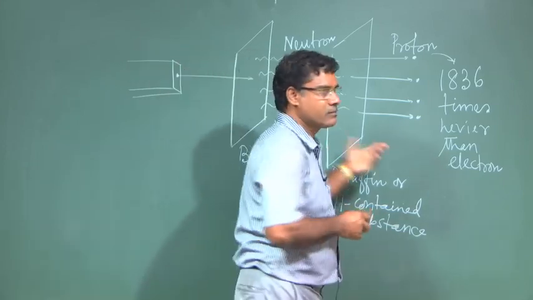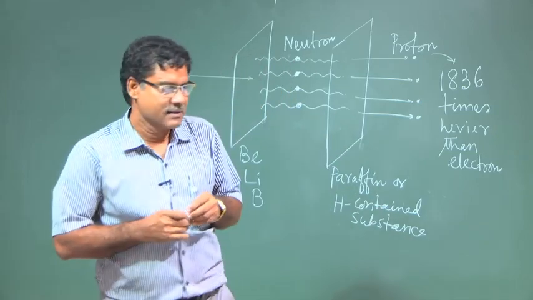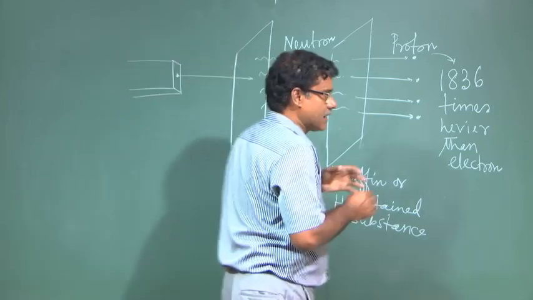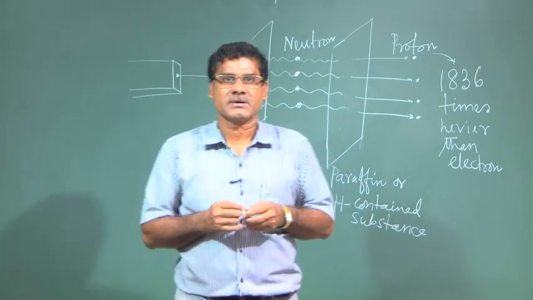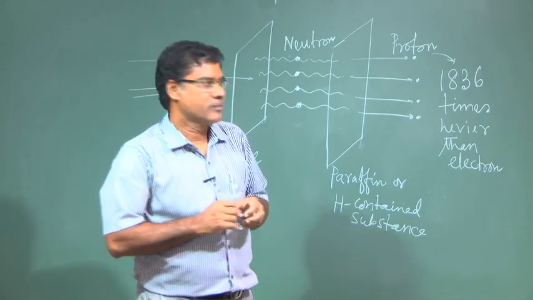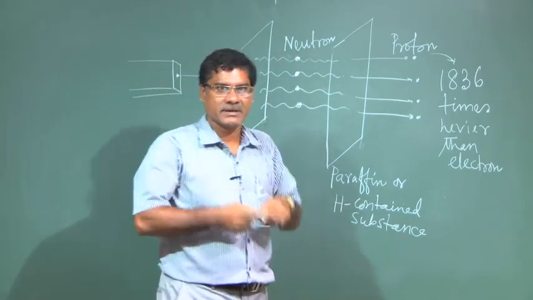So, now it is clear to us that in an atom electrons are there, protons are there and neutrons are there, and protons and neutrons are in the nucleus.